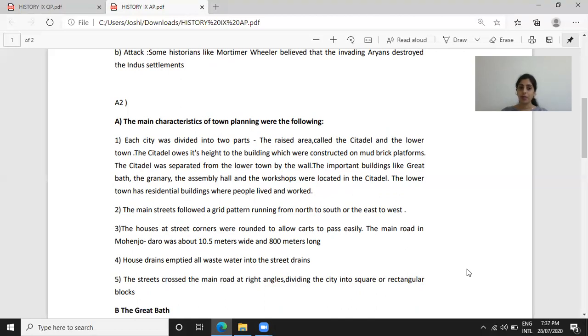Point number 4, house drains emptied all wastewater into the street drains. Point number 5, the streets cross the main road at right angles, dividing the city into square or rectangular blocks. With these 5 points, we complete our first structured answer. If you have written down the 5 points, then give yourself 3 on 3.